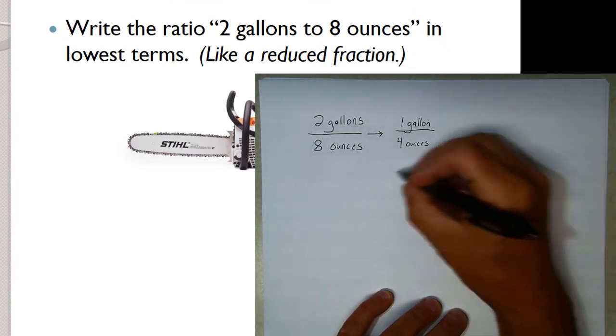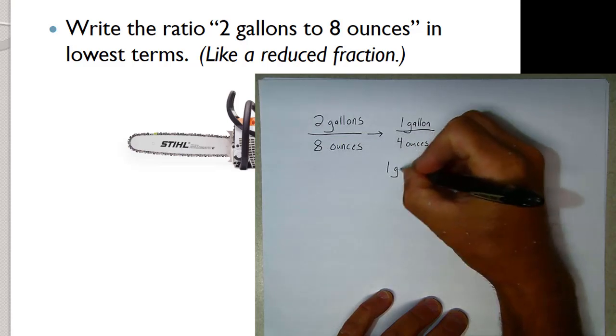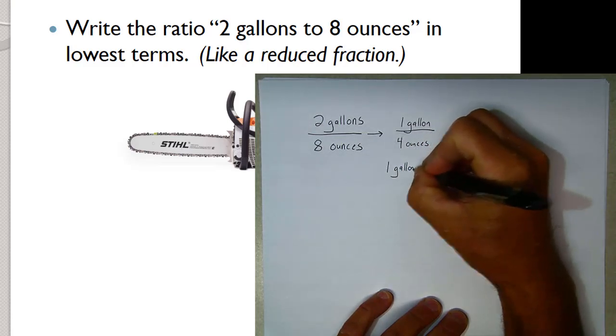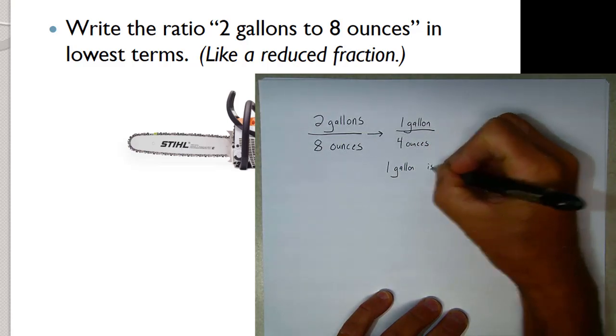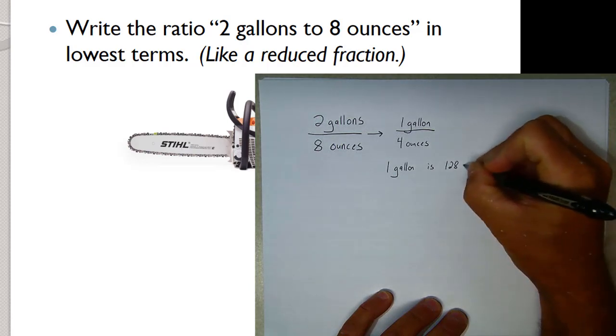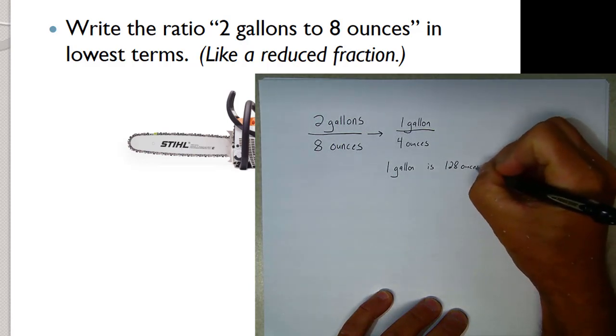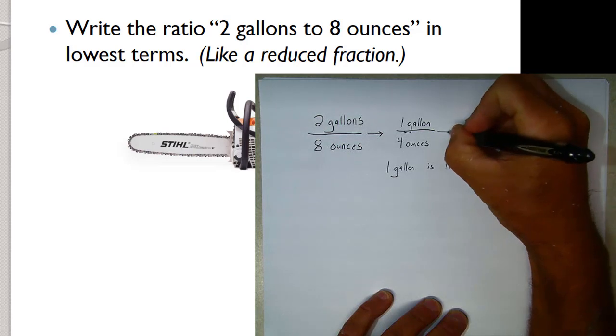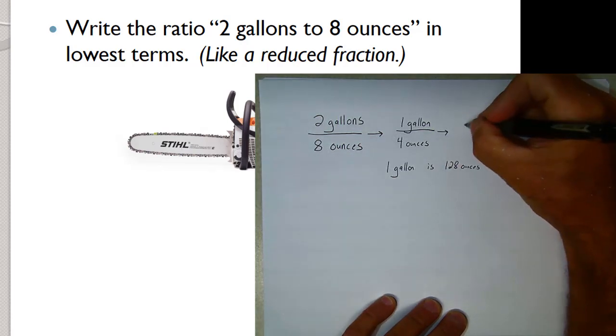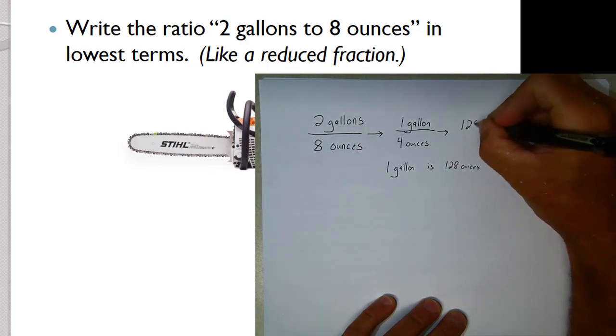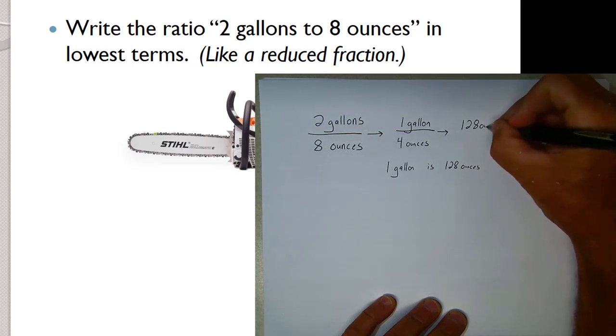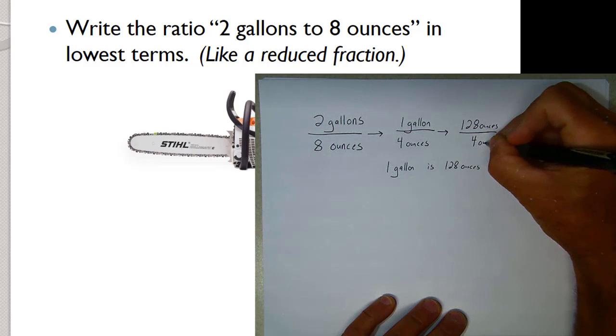Now we've gone to lower terms here, but we can actually go lower. And the reason that we can go lower is we know, and this is from your conversion sheet, that 1 gallon is 128 ounces. And so we can take that gallon in the top, and since the units don't match, we can rewrite it so that they do match. We can say we need 128 ounces of gasoline for every 4 ounces of oil.